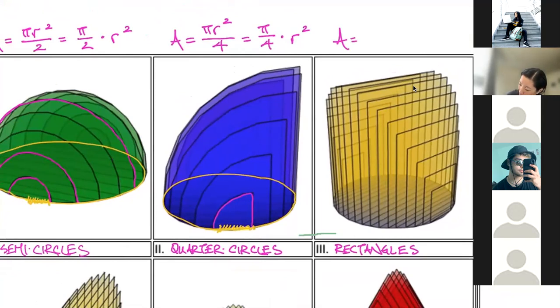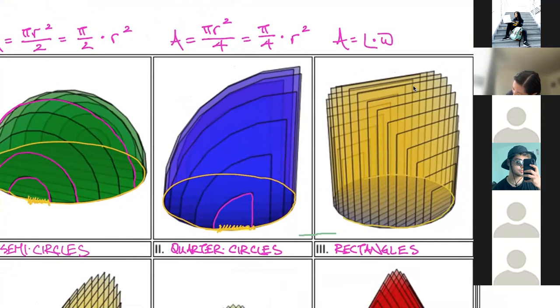Length times width, good, length times width. All right, I'm not going to use yellow for this one because I don't know that we'll really be able to see it. Can we? We kind of can, okay.